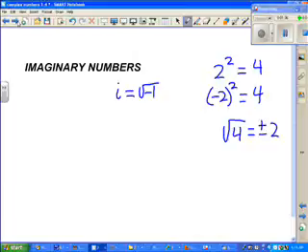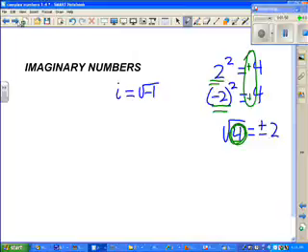Recall that? But there's no way I can take the square root of a negative number, because I can't take a number times itself and get a negative number as a result. Both these numbers are positive. So that's why i is the square root of -1.